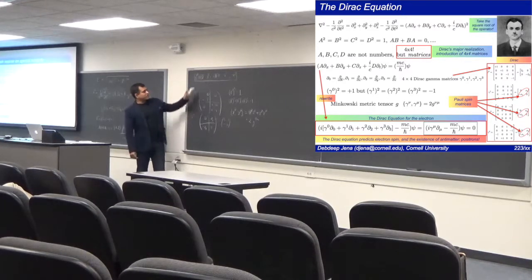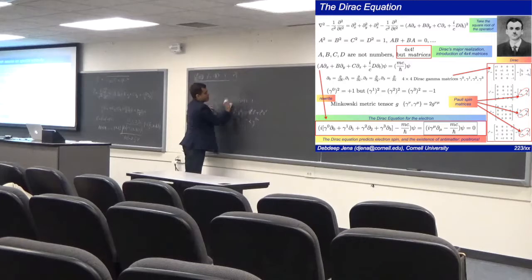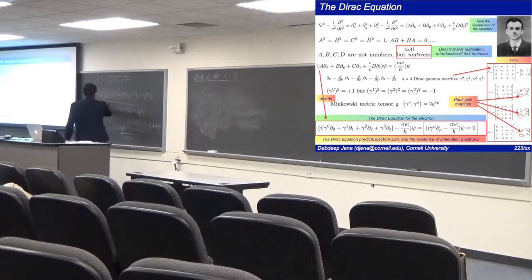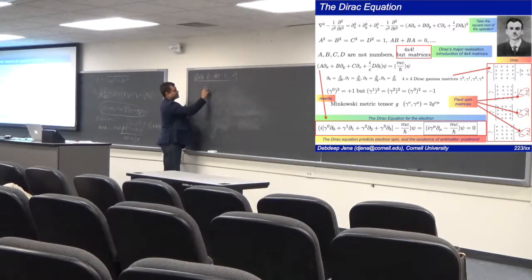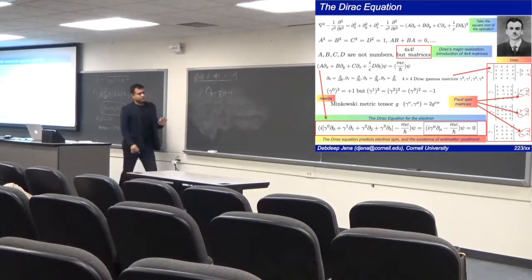Once we define it this way, the Dirac equation is written in a very elegant, very economic way. Instead of writing these A's, B's, C's, and D's, you can take this equation, replace my gamma matrices, and write it as gamma mu del mu minus m... That's your Dirac equation.